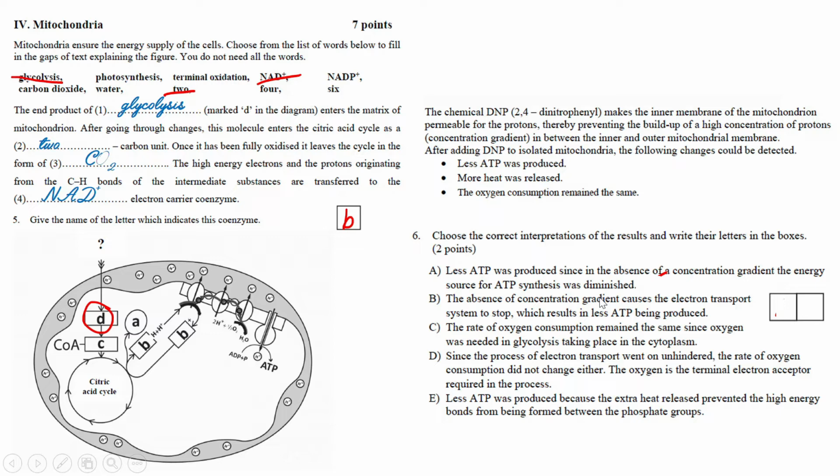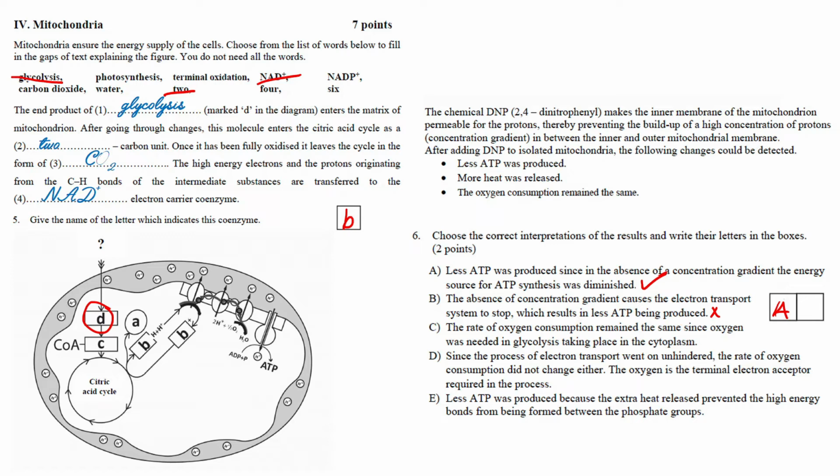Less ATP was produced since the absence of a concentration gradient, the energy source for ATP synthesis was diminished. That is definitely true. So A comes here. The absence of concentration gradient causes the electron transport system to stop, which results in less ATP being produced. It is not affected, so not true.